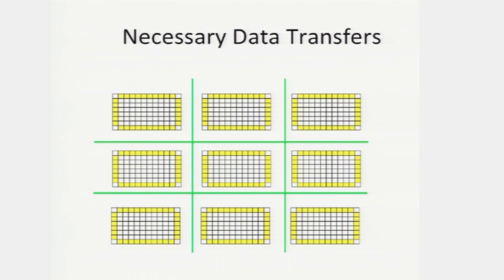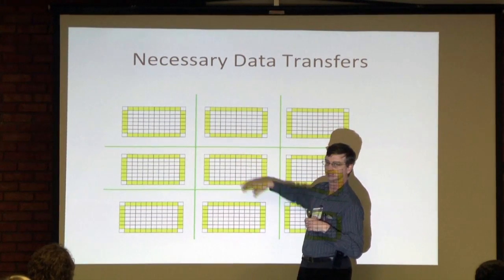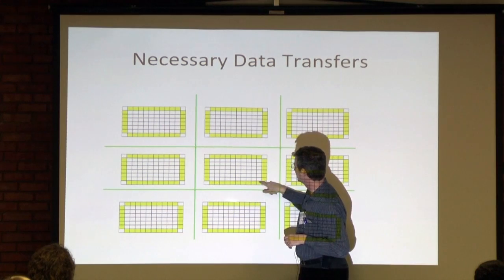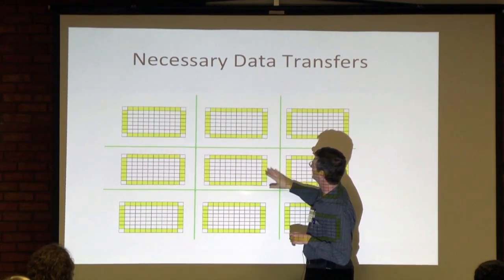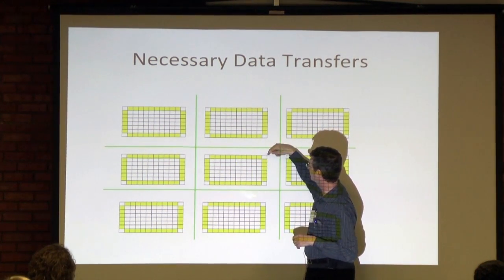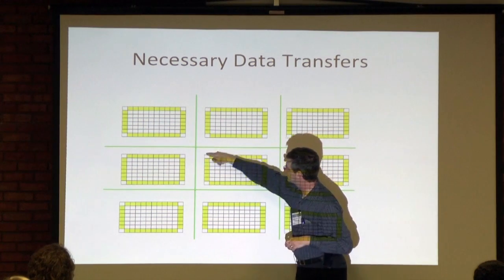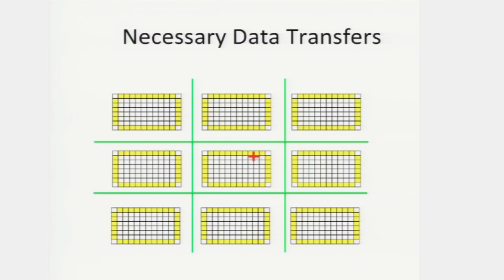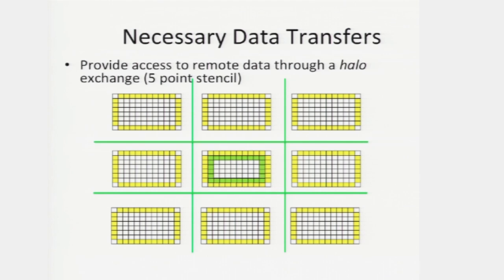So if I'm this process, I own a part of the global grid. That's this piece here. And I have done this for a 5-point stencil. So for the 9-point stencil, this whole edge here, the yellow part, would be the halos. Once the halo is filled, I can apply the stencil to all of my interior points because I've got the data that I need there. So in the 5-point, I can just do this.